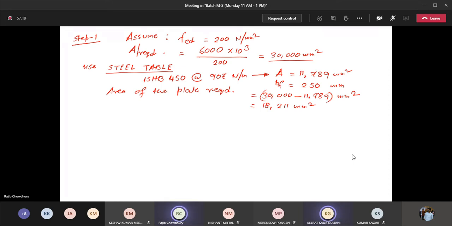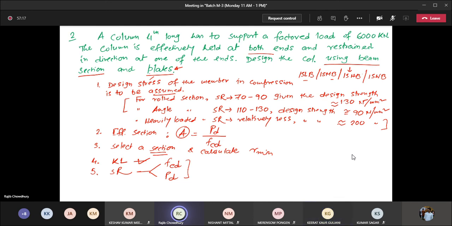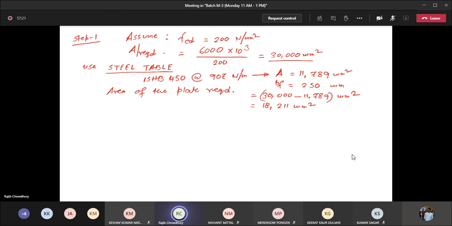Okay, sir. As the problem statement says to use the beam section and the plates, we can judiciously choose the hot rolled section. I cannot go beyond a point, because as you increase the depth of the section, say instead of ISHB 450 I consider ISHB 700, perhaps I could attain this 30,000 mm square area.